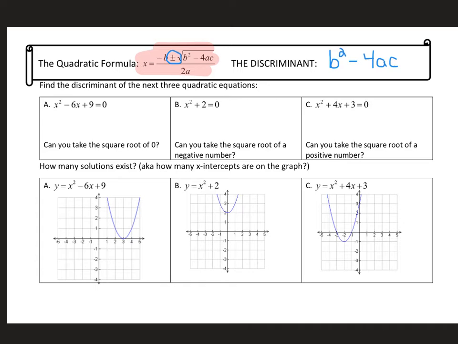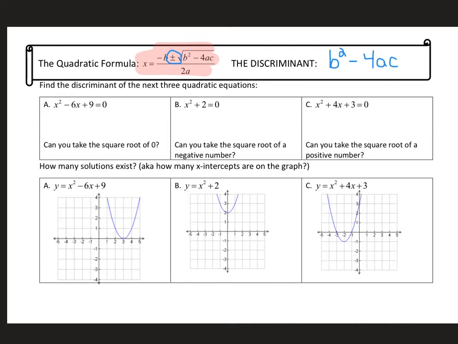Conversely, if we add a positive number and we subtract that same positive number, we're going to get two different answers. So if b squared minus 4ac is a positive number, we're going to get two solutions to that quadratic formula. If b squared minus 4ac is 0, we're going to get one solution. And if b squared minus 4ac comes out to a negative number, then we've got a problem.